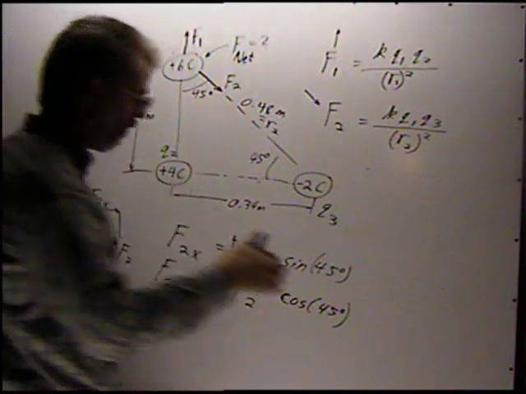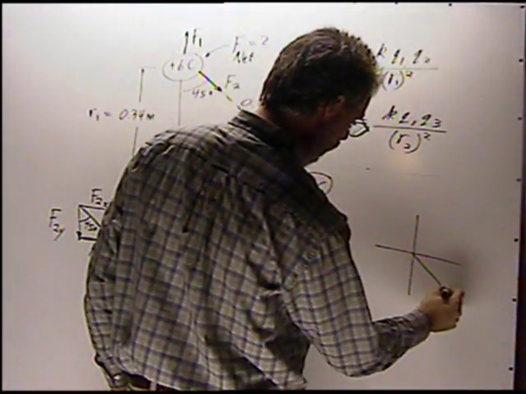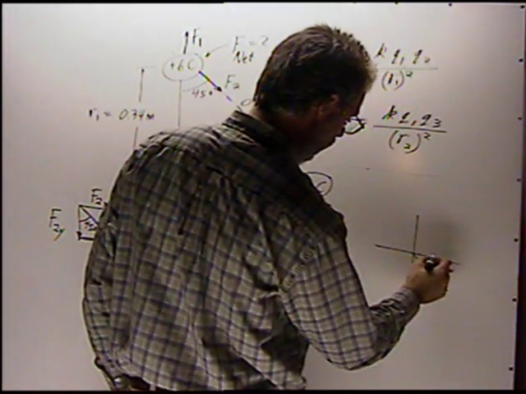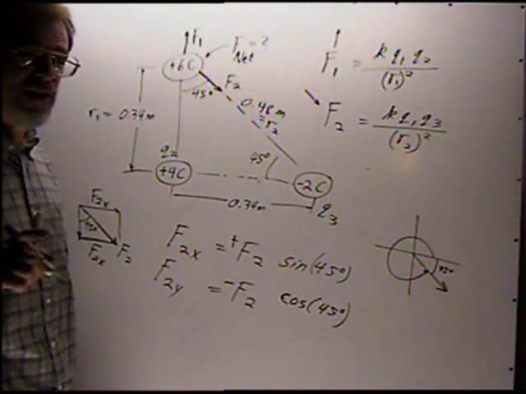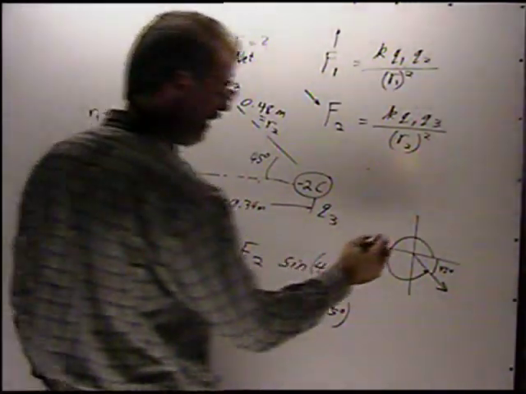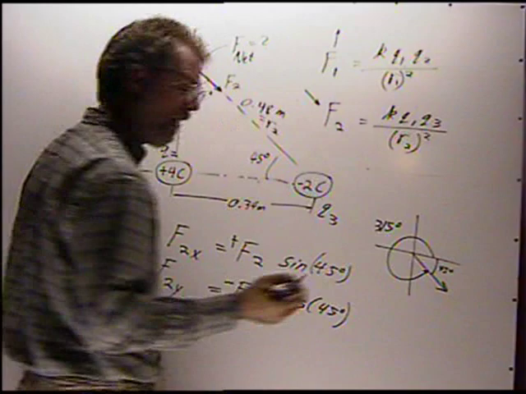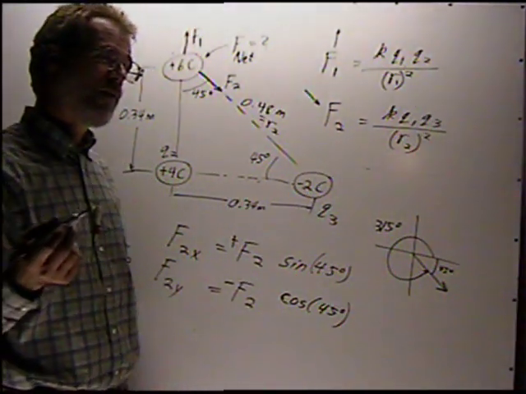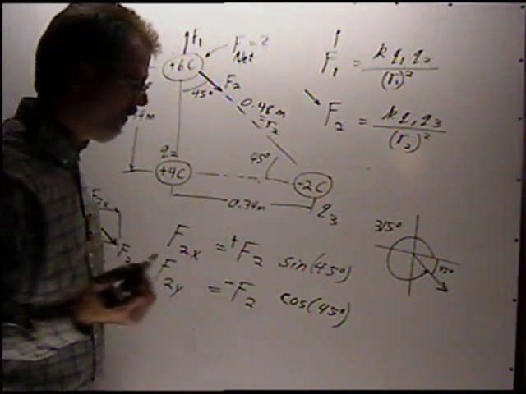Now, for those of you who would rather do it the other way, that is the way maybe it was done in the book. If that's a 45-degree angle, then from here all the way around, what would that be? It'd be 360 minus 45, which is 315.